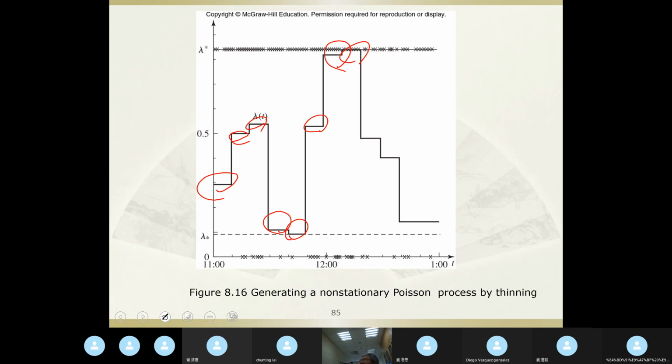So if you have the given rate in the specific durations, then you just follow the duration rate to generate Poisson, and so that you can implement the non-stationary Poisson. And that's it. So that process, slicing, we call thinning, right?